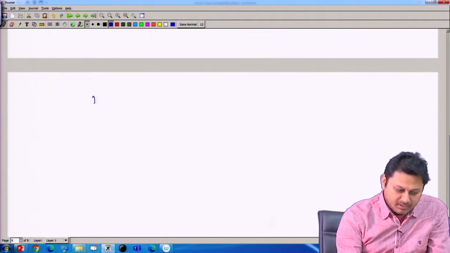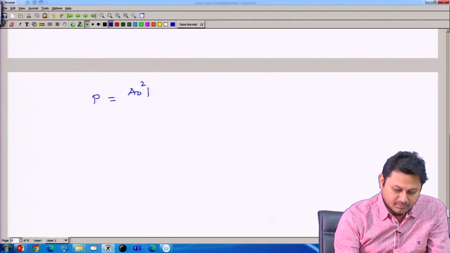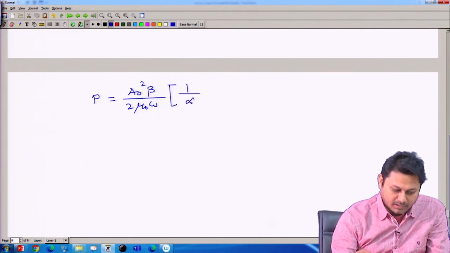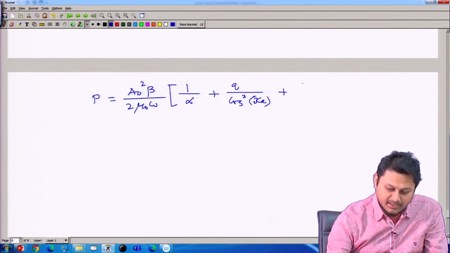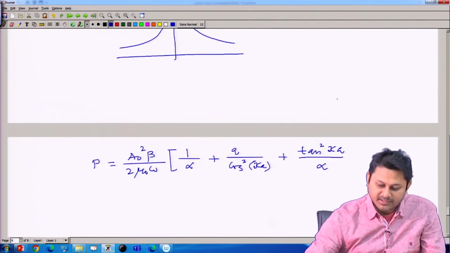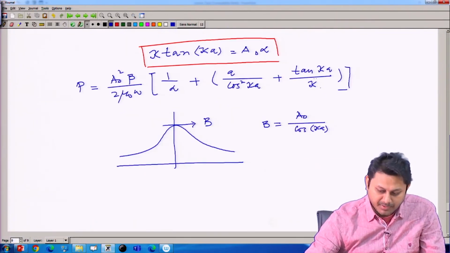So, now my P will be A0 square beta divided by 2 mu 0 omega, 1 by alpha plus a divided by cos square kappa a. I split it into two parts and then I can write it as tan square kappa a divided by alpha. I just replace this condition.